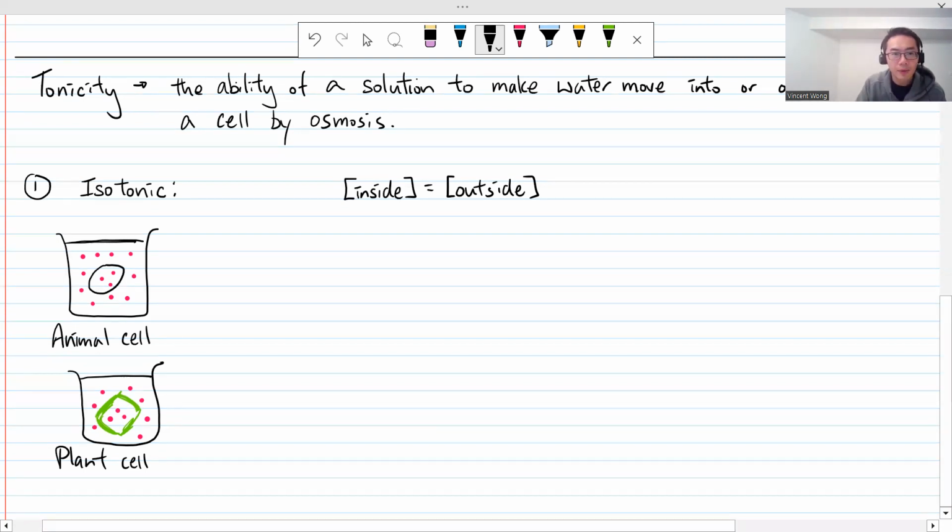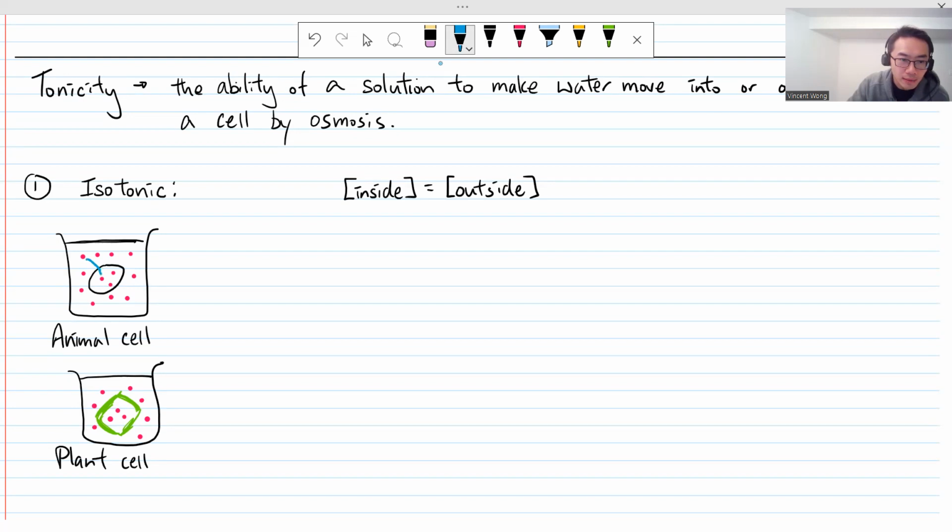All right, thank you. Because the concentration is the same outside and inside, the water will move in, yes, but water will also move out. And the rate that the water is moving in is the same as the rate that the water is moving out. So rate in equals rate out.